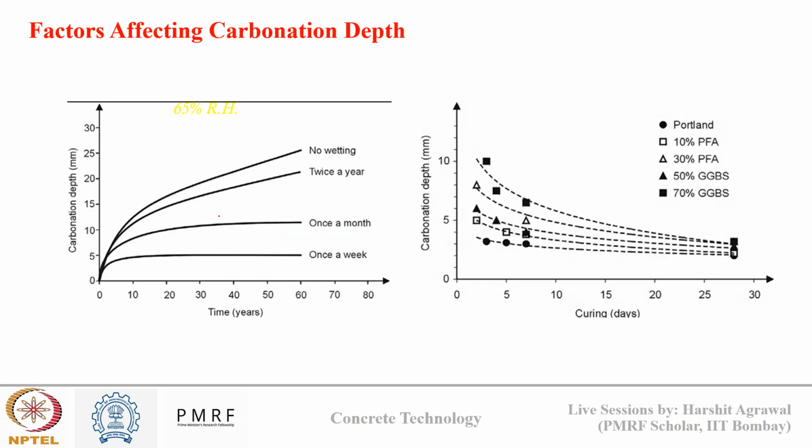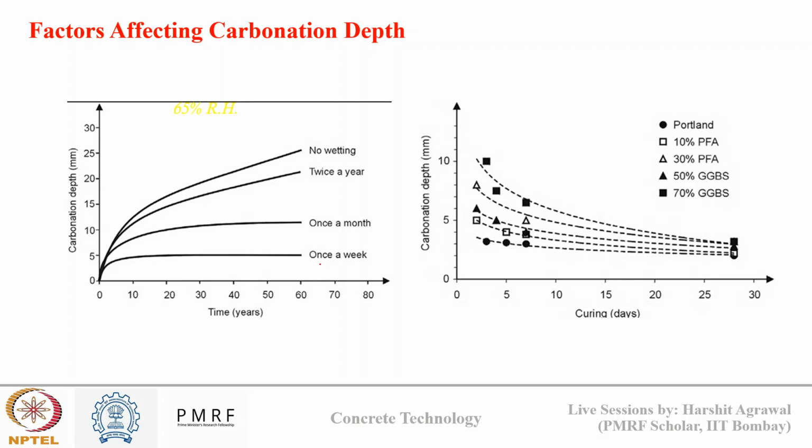Now, other factors which can affect the carbonation rate are the wetting drying cycles and the mineral admixtures present inside the concrete. In the first figure, you can see the effect of wetting drying cycles. The more frequent the wetting and drying cycles, the lower the carbonation rate.